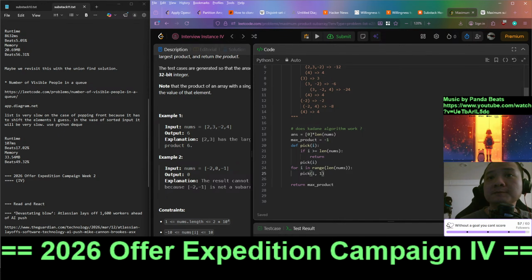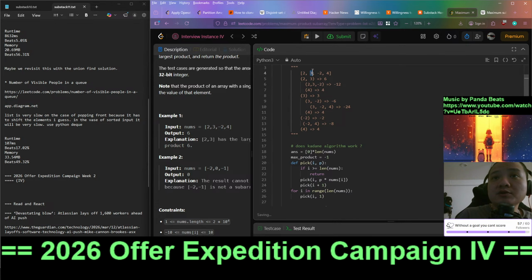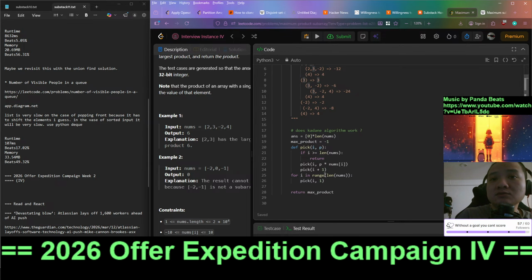We start with the 1, right? We pick i plus 1, b here, b multiplied by nums[i], right? Or pick i plus 1. So you can pick 3 or you start at the next one, right? So b is nums[i], right?